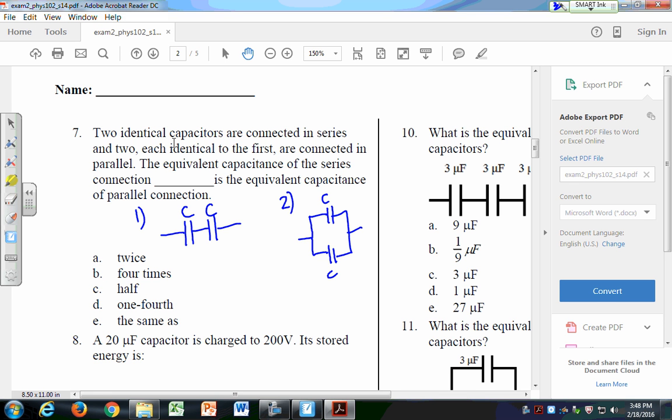Is it going to be bigger or smaller, the series, than the parallel? It will be smaller, right? I know over here, the capacitance is 2C, C plus C.